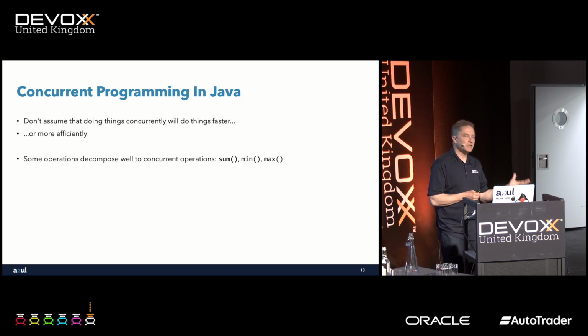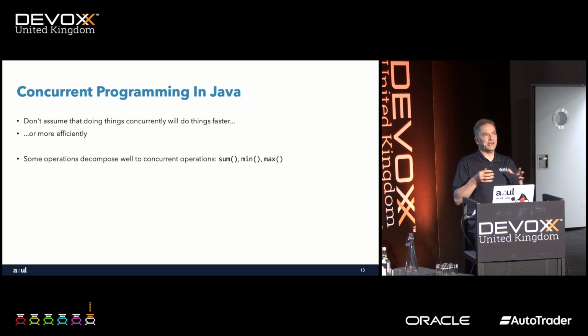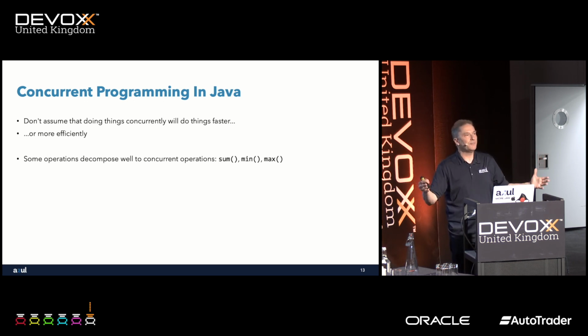So if you look at things like sum and min and max, thinking about it logically, when you want to find the minimum value of a set of data, you can break your data up into different sections, and then you can find the minimum of each of those sections. And then in the next level, you can say, right, use that as your set of data, find the minimum of all those values. So it's easy to break them up into a number of sections, have them execute concurrently, and get better performance, because you're not having reliance between one part of the data and another part of the data.